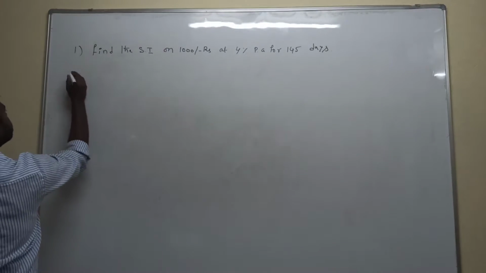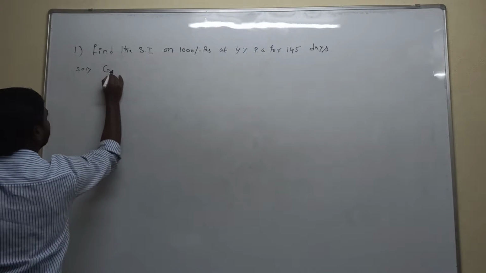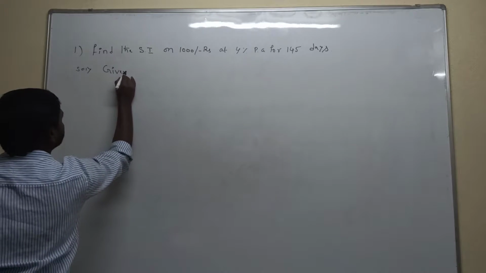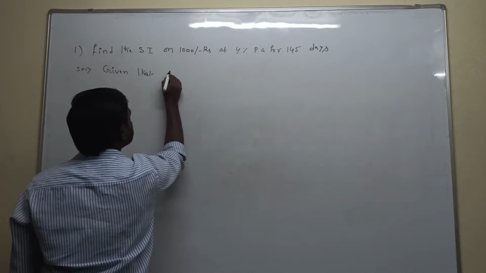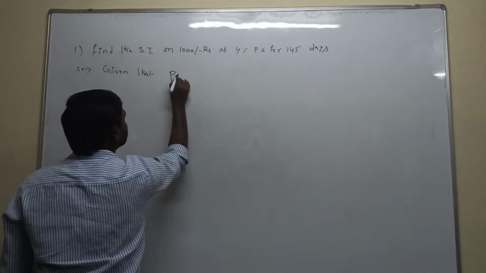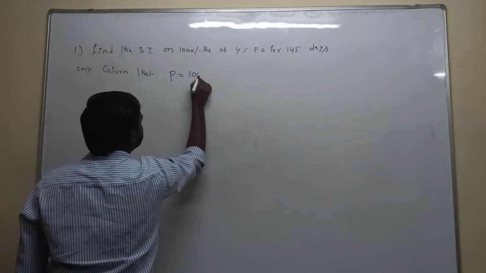So the solution. Given that, the principal is denoted by capital P, equal to 1000 rupees.